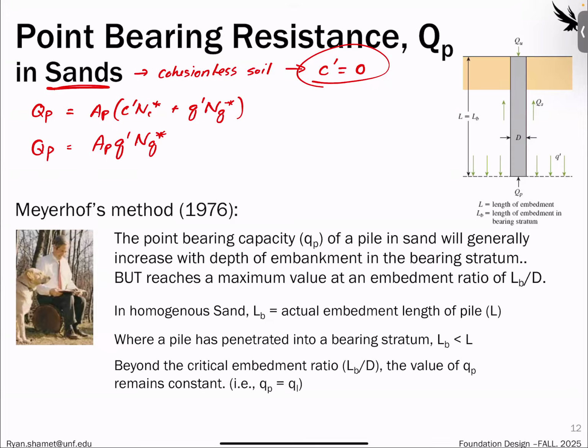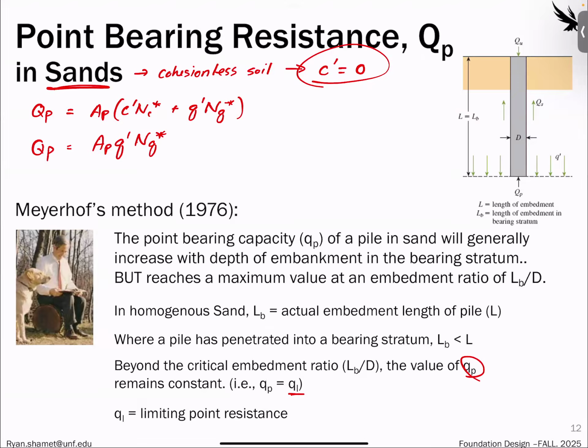Now, beyond this critical embedment ratio of LB divided by D, the value of this point bearing stress remains constant, very similar to the frictional resistance remaining constant. So this is what we call a limiting or maximum point resistance. That's this QL, it looks like QI, but this is limiting point resistance.